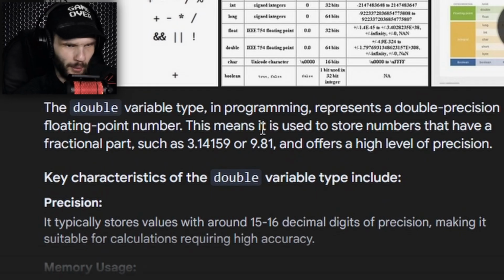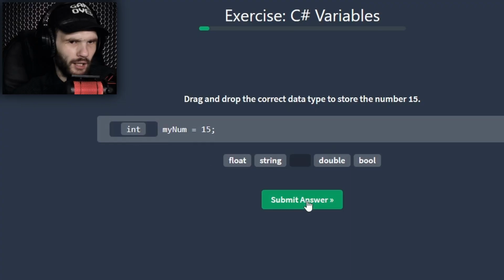The double type represents a double precision floating point number, used to store numbers with a fractional part, with around 15 to 16 digits. So I thought it was used for both floats and ints, but maybe I'm wrong. So maybe that's just an int, right?